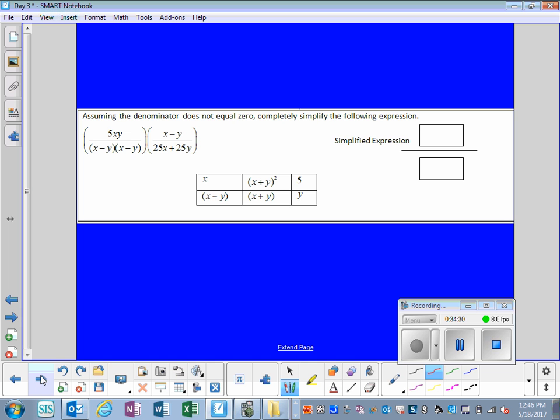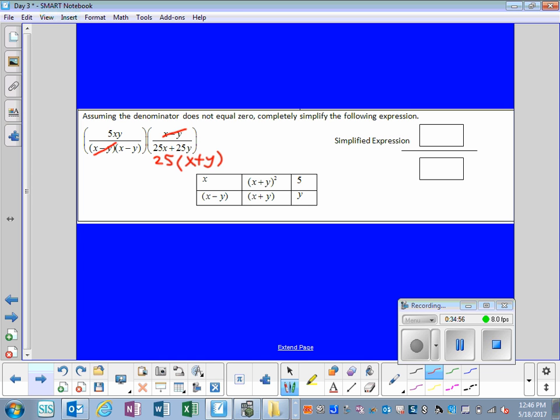Just one pointer: don't cancel out both of the x minus y's on the bottom, right? You can cancel it out just once, correct? Yeah, one stays. And then the denominator of the second fraction is what? 25 comes out as the GCF and I have x plus y left.